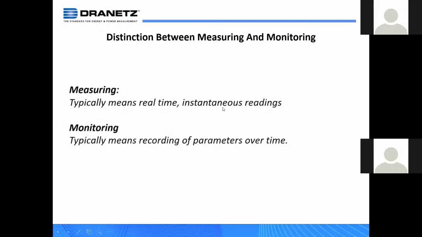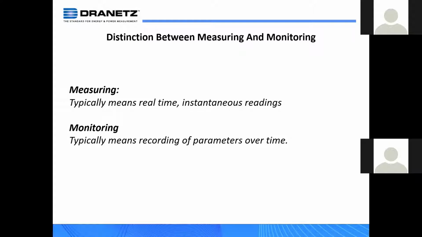Measuring typically means real-time and instantaneous readings. So if you consider a multimeter just taking a reading, or a panel meter, you take a reading, your recording of that is writing it down. The meter is not doing recording for you. Where we consider monitoring, that instrument, that panel meter, has memory in it. And within the capabilities of that tool, it is recording those parameters over time, and it's storing those.